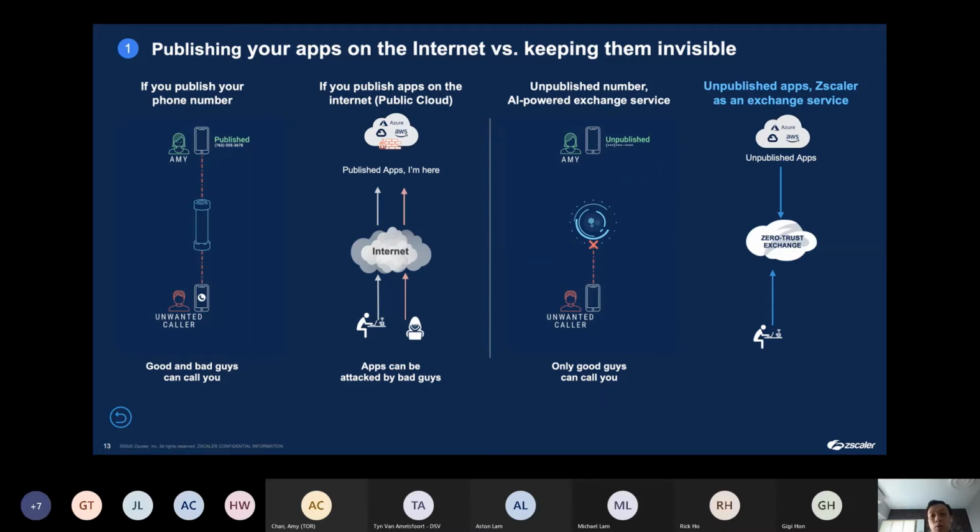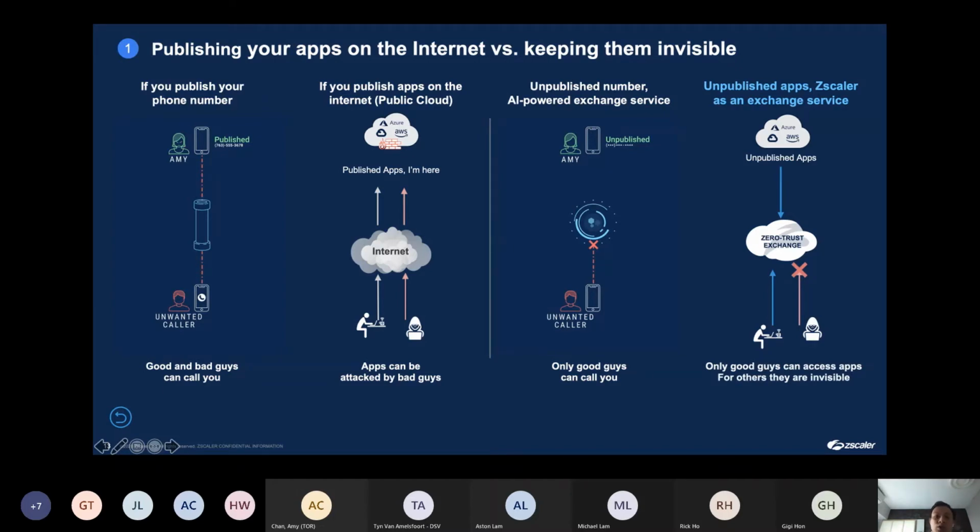We may think that the design on the left hand side is pretty common. This is what we have every day. There's no solution for that, but actually that's not the case. We are seeing more and more solutions that can provide you an experience or design similar to the right hand side, for example, Zscaler, so that your applications are not published to the internet.